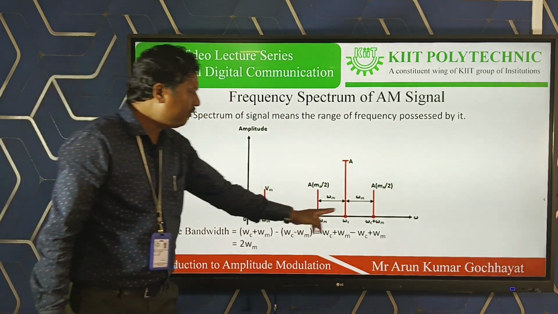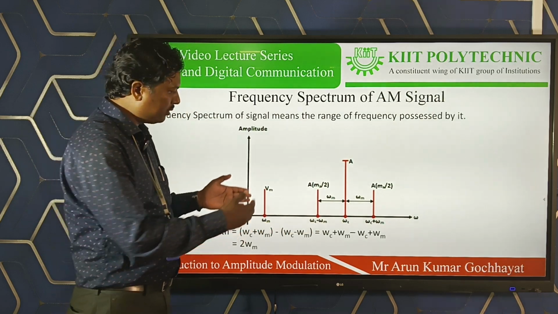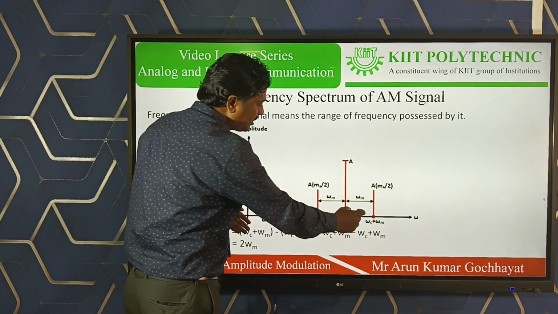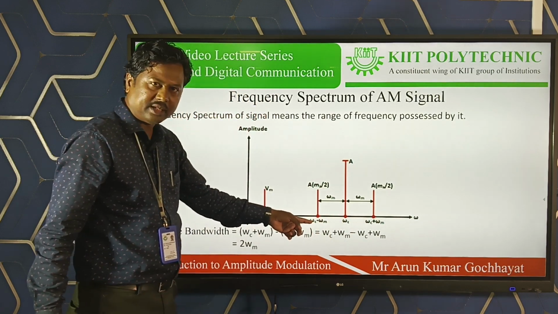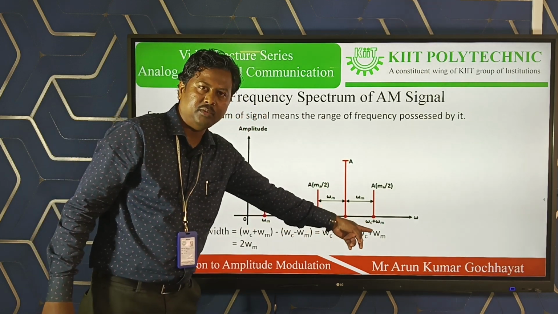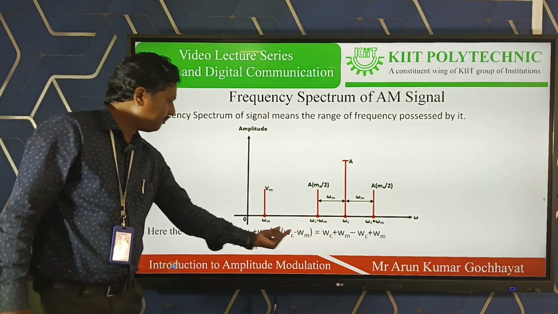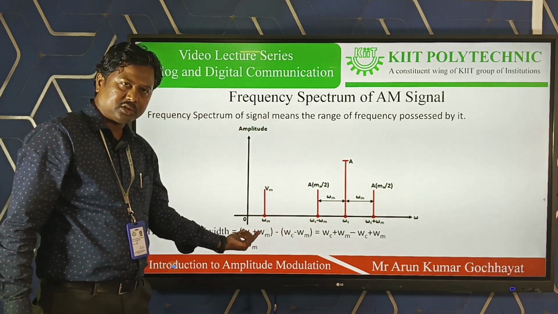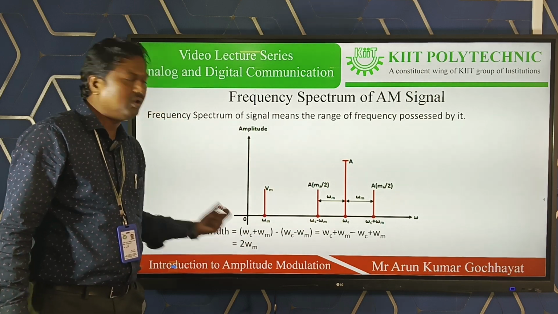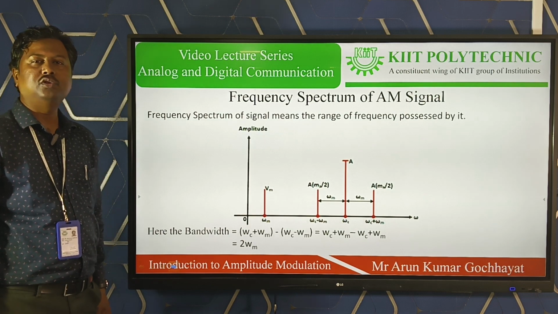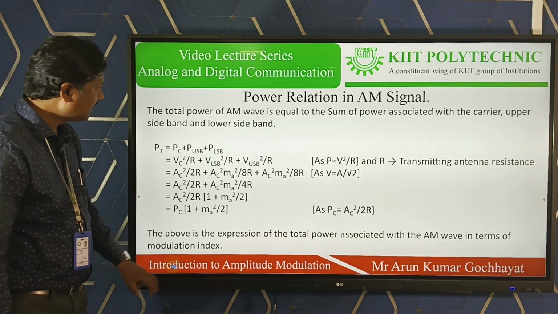From those two values we can calculate the range of frequency by subtracting omega c minus omega m from omega c plus omega m. The resultant is 2 omega m, which is nothing but the bandwidth of the amplitude modulated signal.